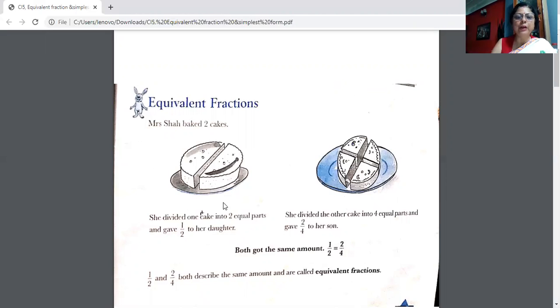These two half and this will be exactly the same. We have done the activity also beforehand. So I hope it's clear to you. So we say half is equal to 2 by 4. And so half and 2 by 4 both describe the same amount, isn't it? And they are called equivalent fractions.